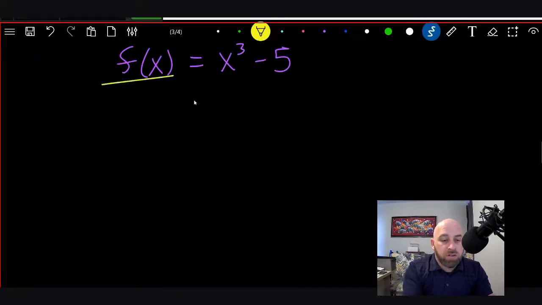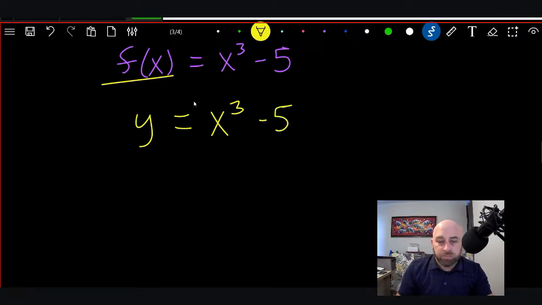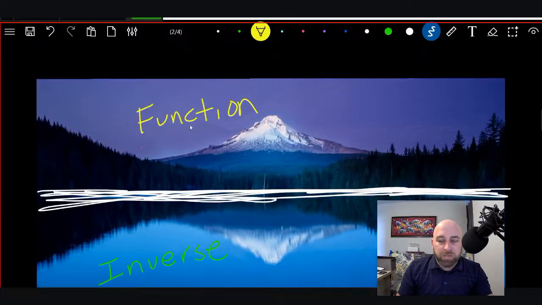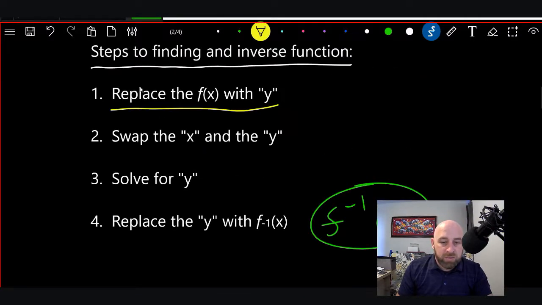So where the function of x is, we're going to put a y. So now we have y equals x cubed minus 5. Now this next step is interesting. And this example, if you want to follow along, is on page 326 in your book. All right, so the next step is swap the x and the y.